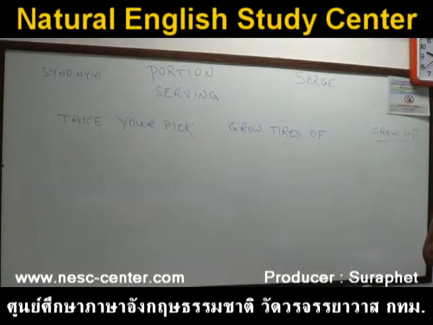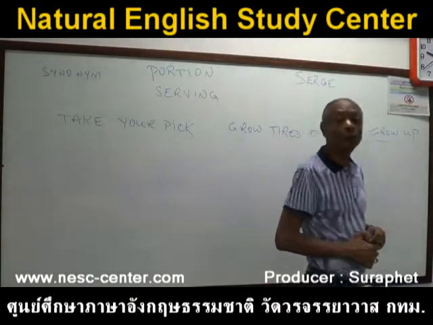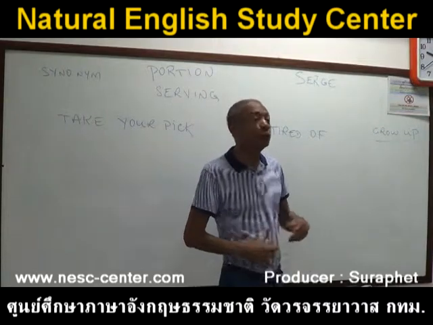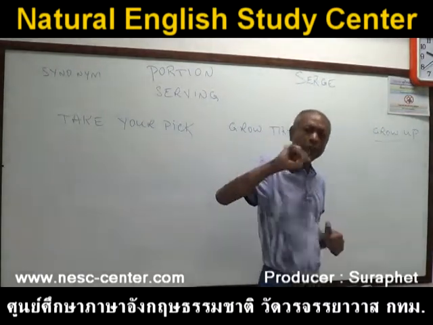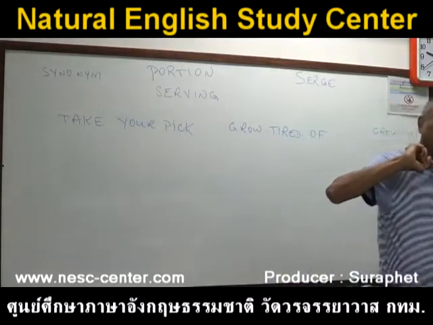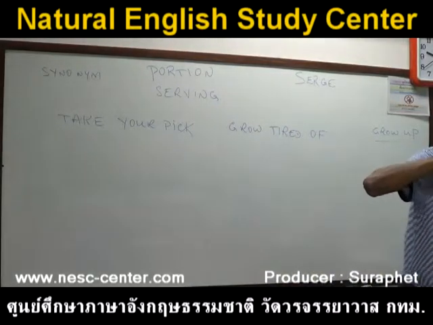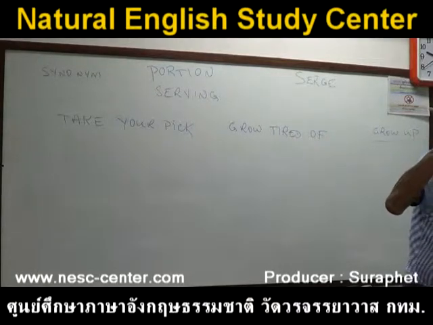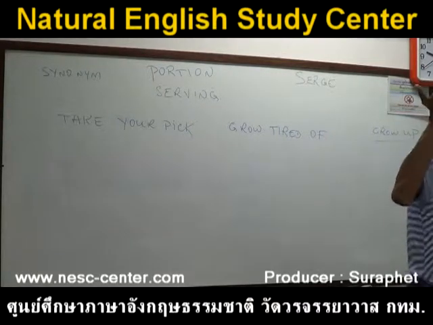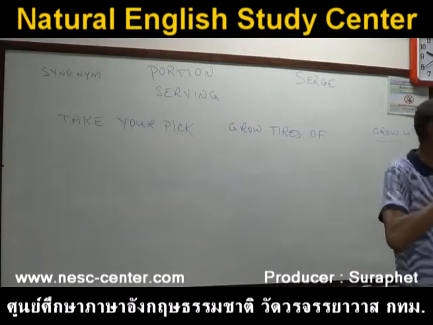What do you grow in the gardens? What kind of fruits? Oh, I grow oranges. I grow watermelons. So you grow things. This tree is 10 years old. Oh, it's still growing. It grows. You don't say up.